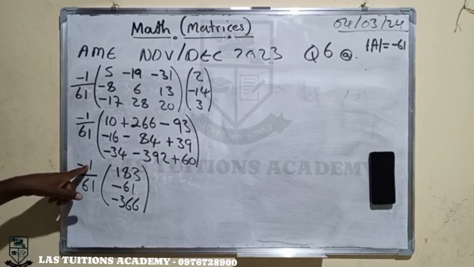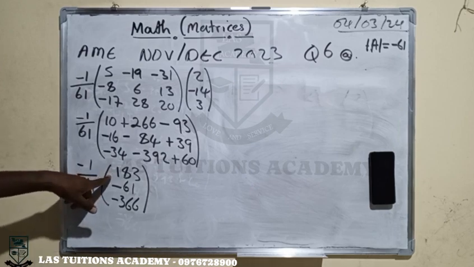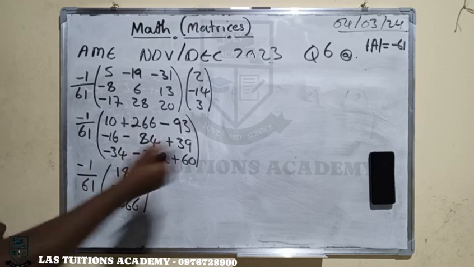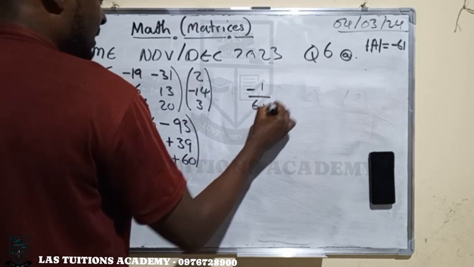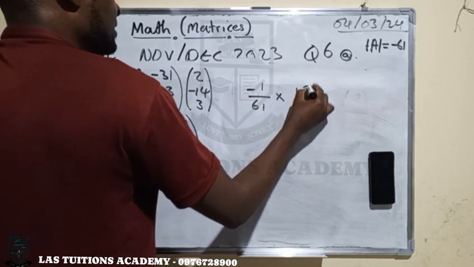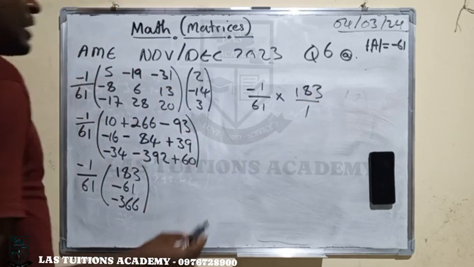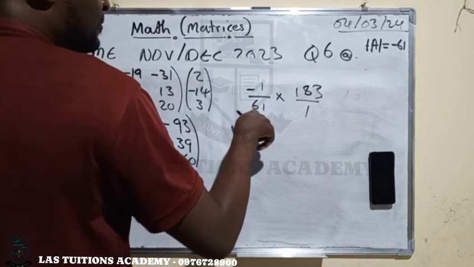So now negative 1 over 61 times 183. This is 183 over 1. So it's the same as dividing this into that.